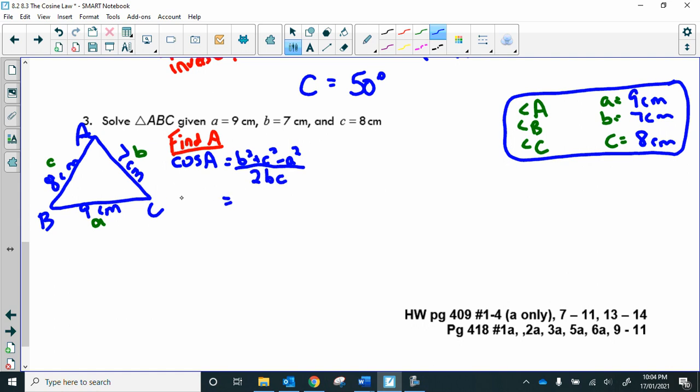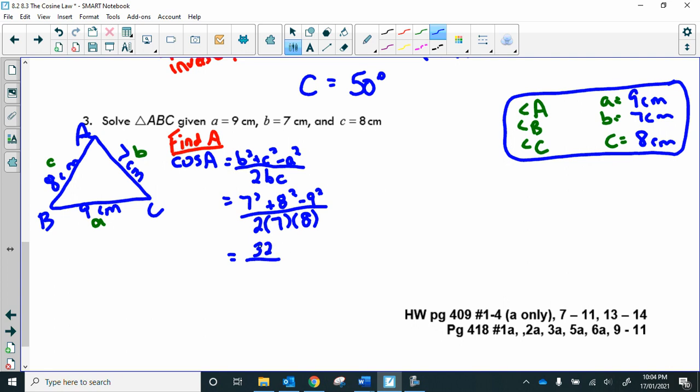If I sub in what I know, we're going to get 7 squared plus 8 squared minus 9 squared over 2bc, 2 times 7 times 8. And again, I always like to calculate the top, so I would just go ahead and do 7 squared plus 8 squared minus 9 squared, which gives me 32.